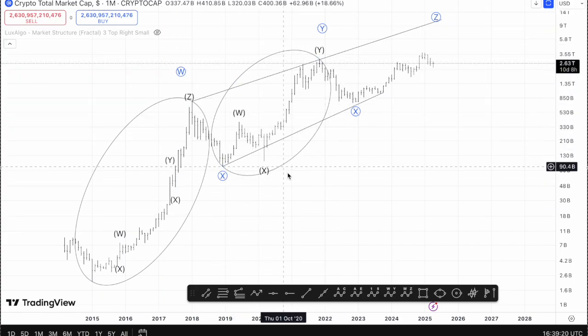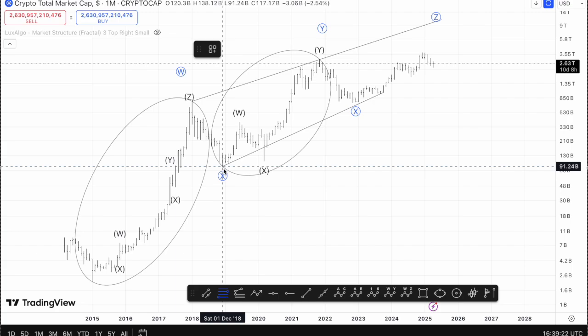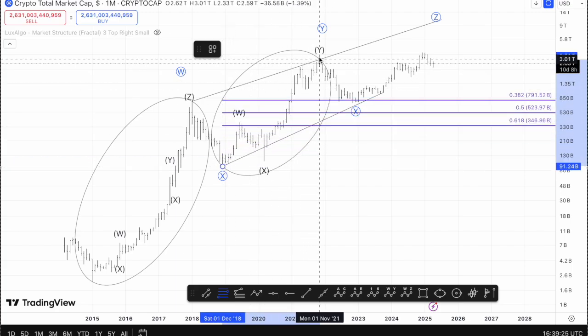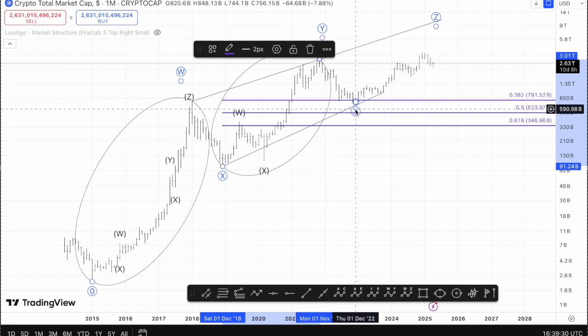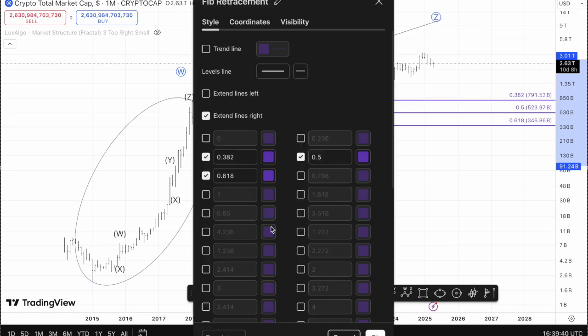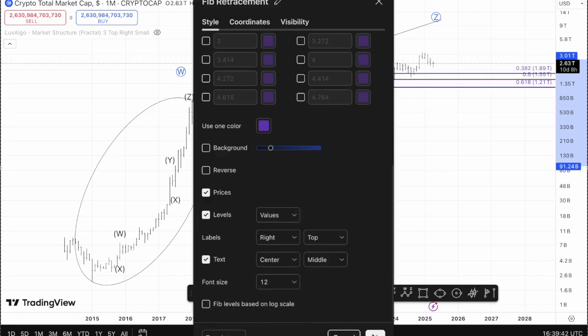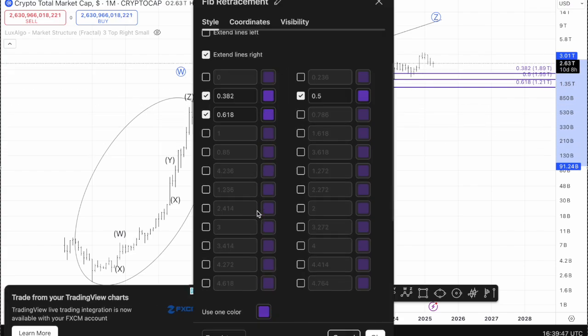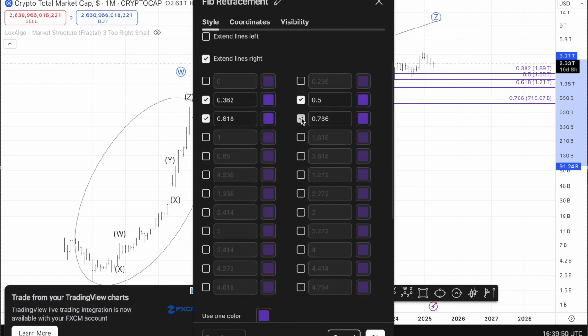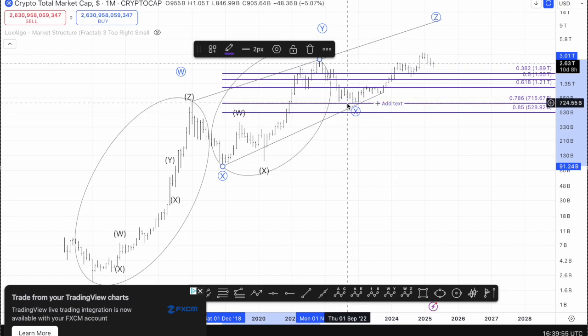And when leg Y is over, the same thing happens. We can investigate the correction for the secondary wave X for the count. As you can see, the correction is around 38.2% with the logarithmic scale, and with the linear scale, let's activate 0.7 and 0.85, so 0.78 is the target.